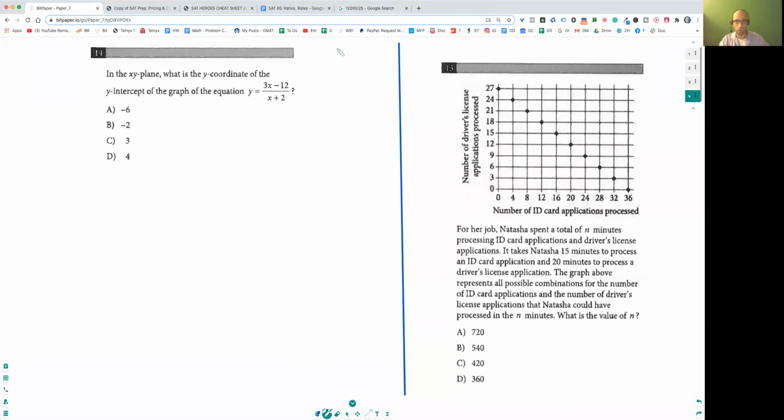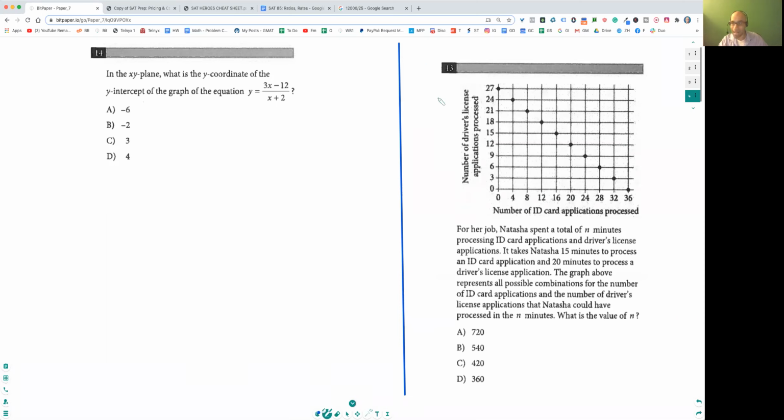Great, and those who have solved it can try this one. Okay, so this one looks super complicated.